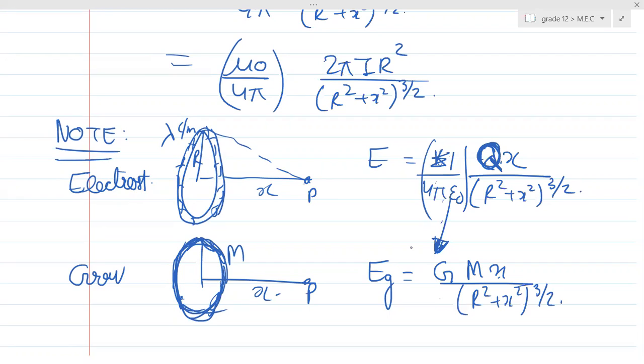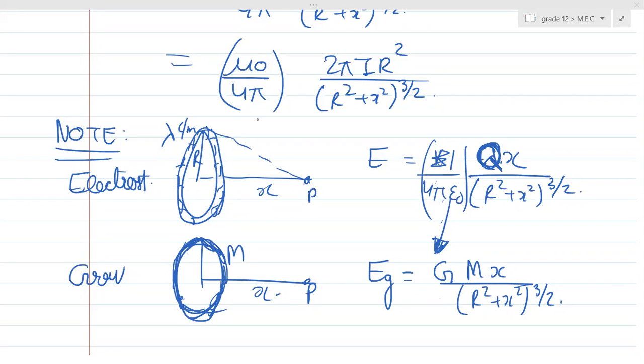It's G capital M and then after that x. So now can you see the similarity, guys? Any doubt in this?